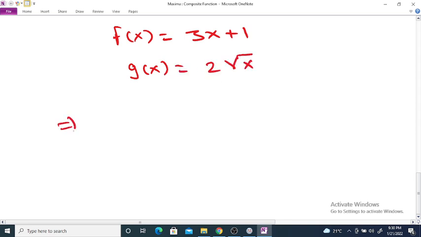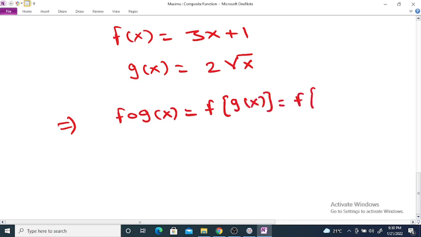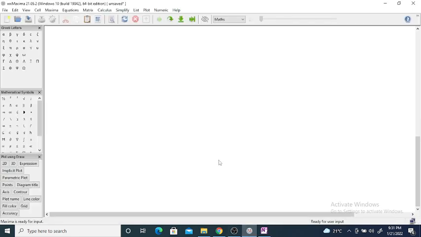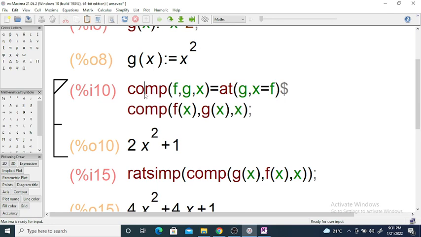Then f of g of x is equal to f of 2 root x, which is 3 times 2 root x plus 1. If you simplify this, it is 6 root x plus 1. So again, this comp is a user defined function.